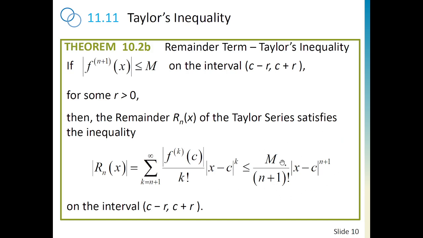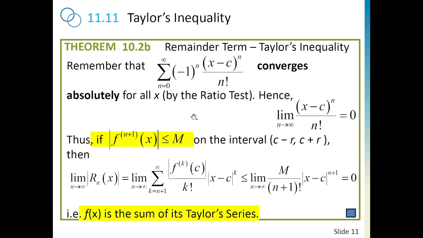So M is a number that we will find, so that will be work that we need to perform, a number that is greater than the derivatives on a certain interval here centered at c. So this expression we need to remember because we are going to use it in order to find the upper bound for the error. So when we are asked what is the error if we approximate sine x by a Taylor polynomial of degree 3, well, we will find the error using this expression.